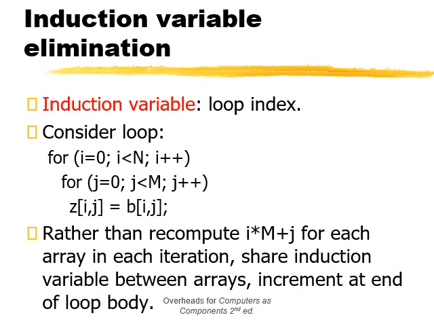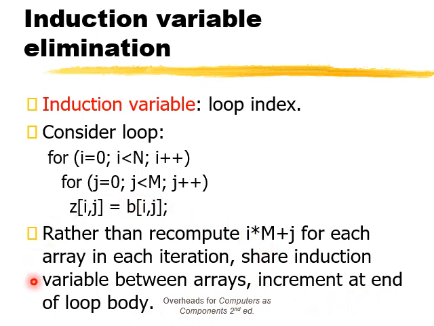As I've told you, we can transform a two-dimensional array into a one-dimensional array using this i times m plus j. So rather than recomputing i times m plus j for each array in each iteration, share the induction variable between arrays, and increment at the end of the loop.